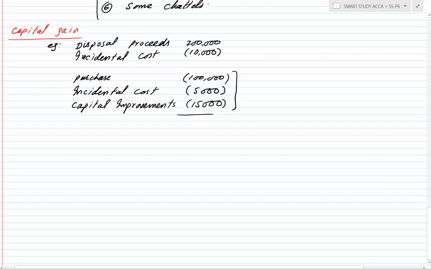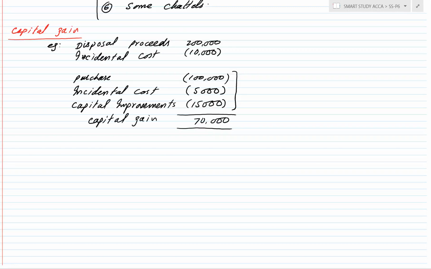Can you please calculate gain or loss for me? So there is a capital gain of £70,000. So this is the detailed items which you can see in the calculation of capital gain or loss.